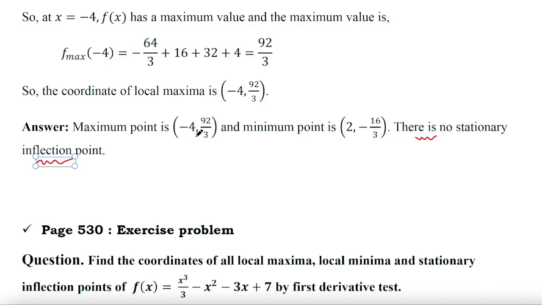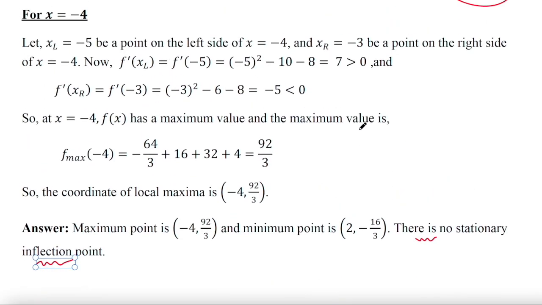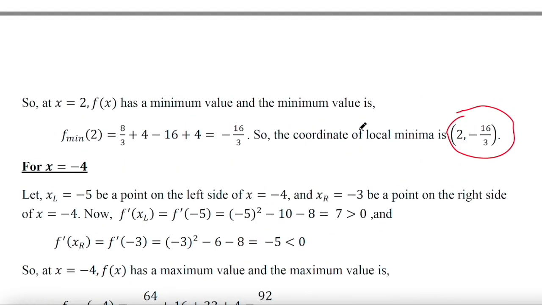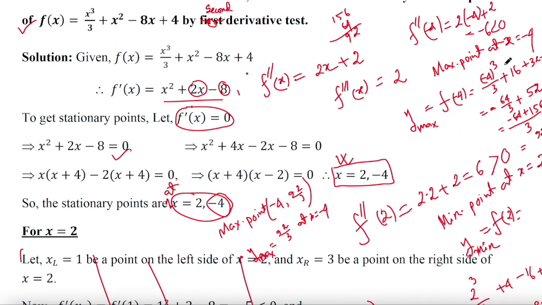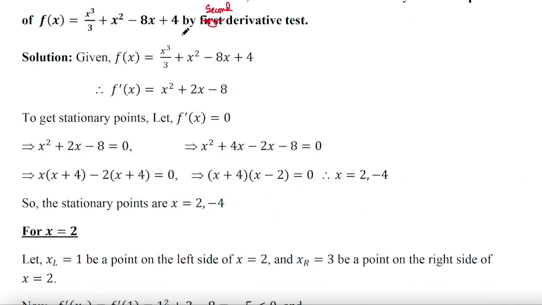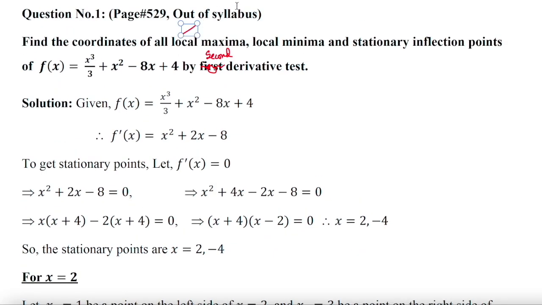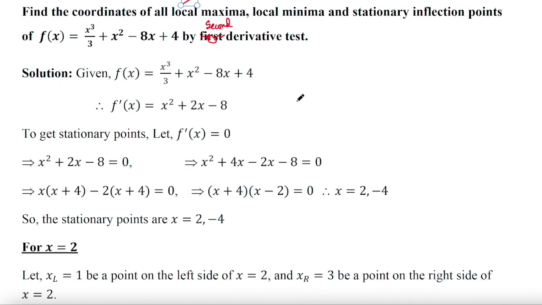So there is no SIP, but there is an IP, an inflection point. For the inflection point, what do we need to do? We need to set the second derivative equal to 0.